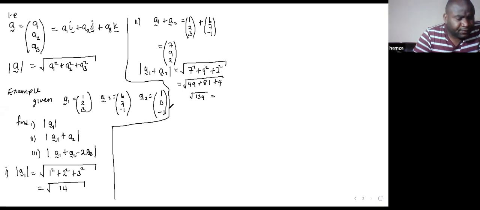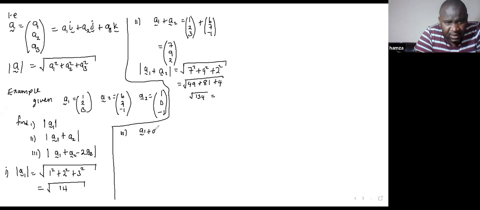Okay, so the last one is Roman 3. Roman 3 says the sum of A1, a vector, plus A2, a vector, minus twice of A3, a vector. This will give me 7, 9, 2, minus twice of A3, which is 1, 0, -1.